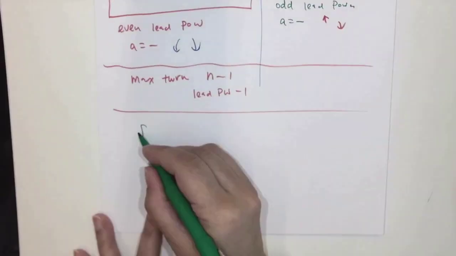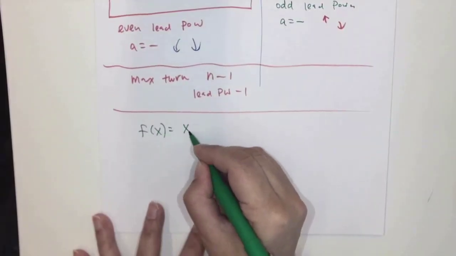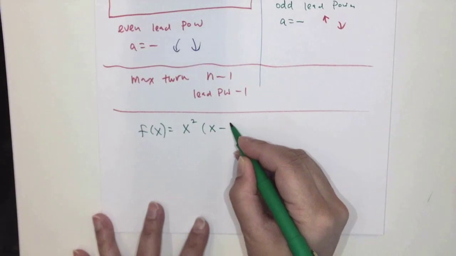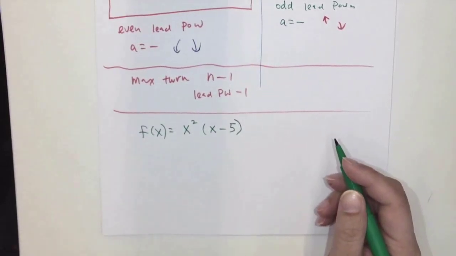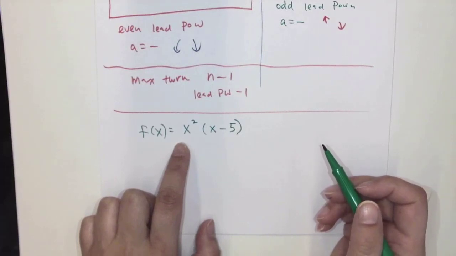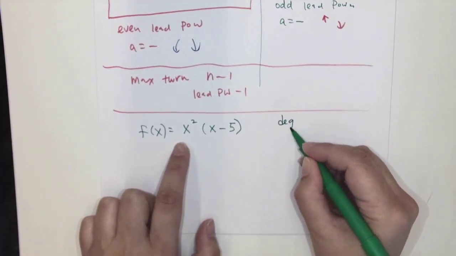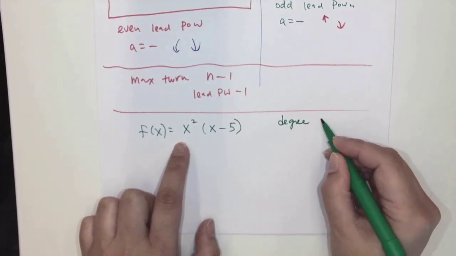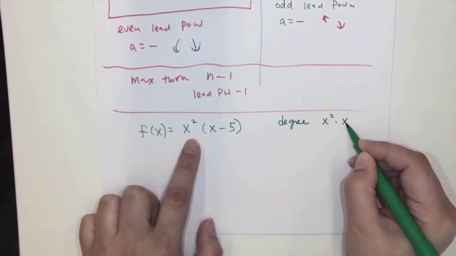Very last thing, say we have f of x equal to x squared, x minus 5, like that. What is the degree of this function altogether? 3, because you have x squared and then an x, right?